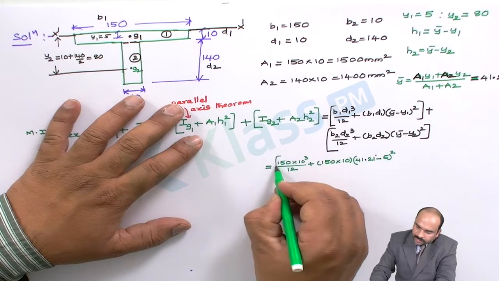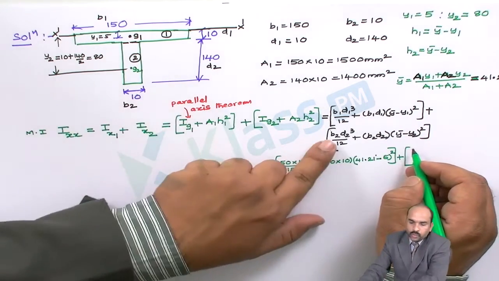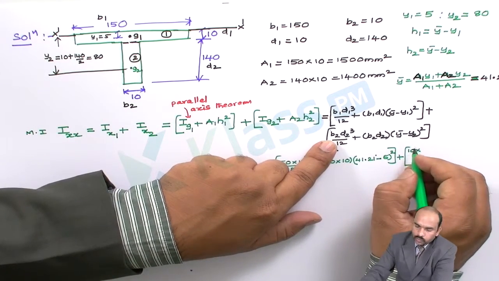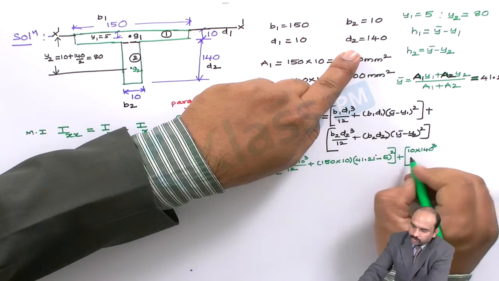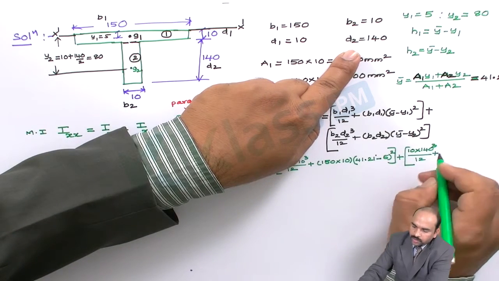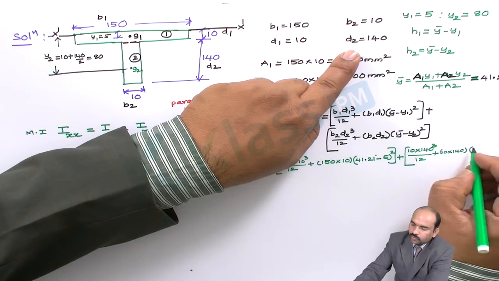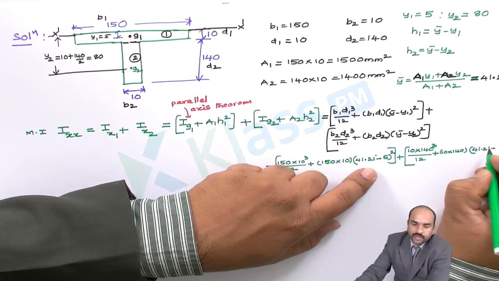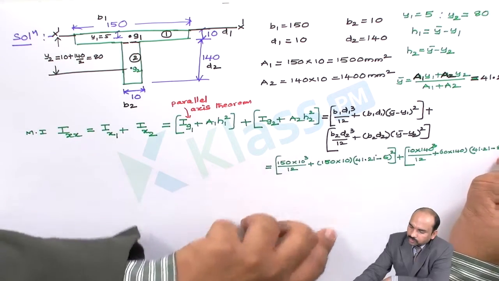This is the first term, plus B2 10 into D2, that is 140 cube by 12, plus B2 D2 into y bar, 41.21 minus y2, whole square.